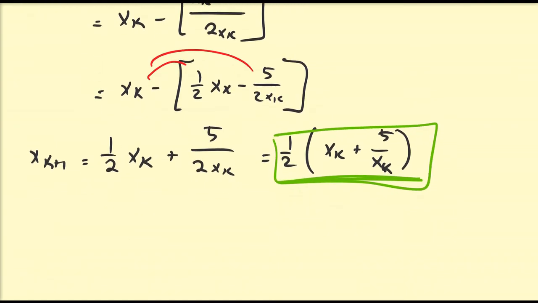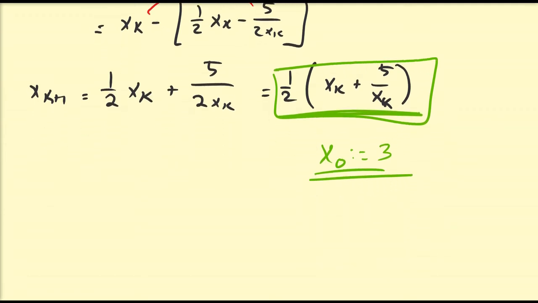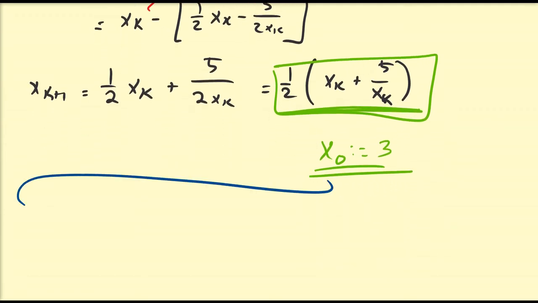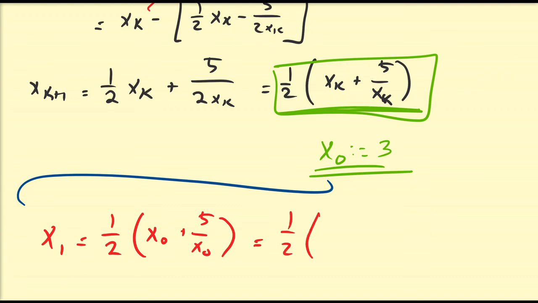And now we can start our iteration process. So we're going to choose x0 to be equal to 3, and then we're going to iterate this many times until we get a value that hopefully is close to what we want. Alright, so let's start the process. So x1 is going to be equal to 1/2 (x0 plus 5 over x0), which in this case is going to be 1/2 times (3 plus 5/3).